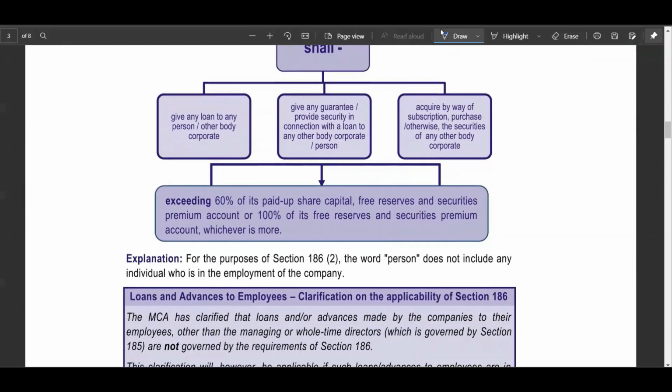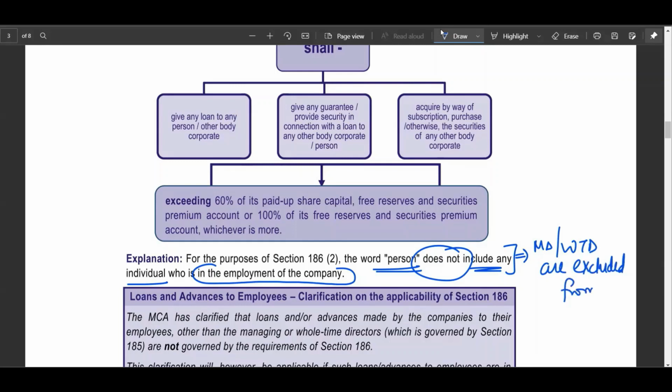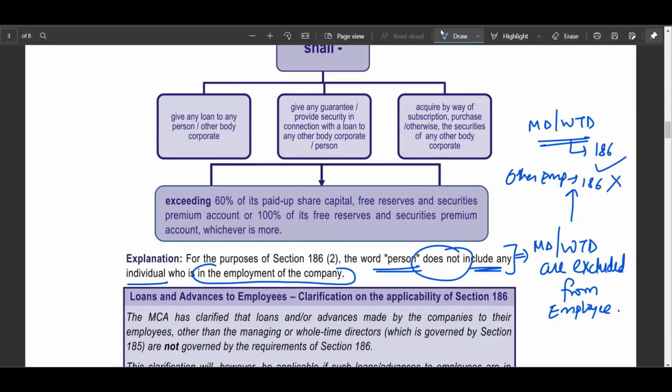It will be given here that the person does not include any individual who is in employment of the company. But again, there is a catch here. MD and WTD are excluded from employee. Inference being, for MD and WTD, 186 applicable; other employees, 186 not applicable.